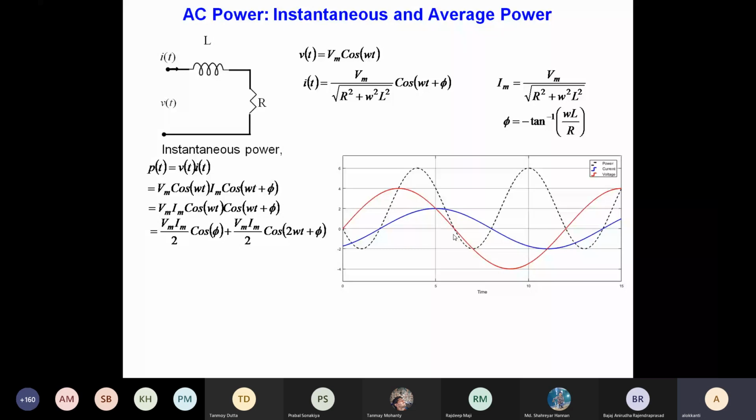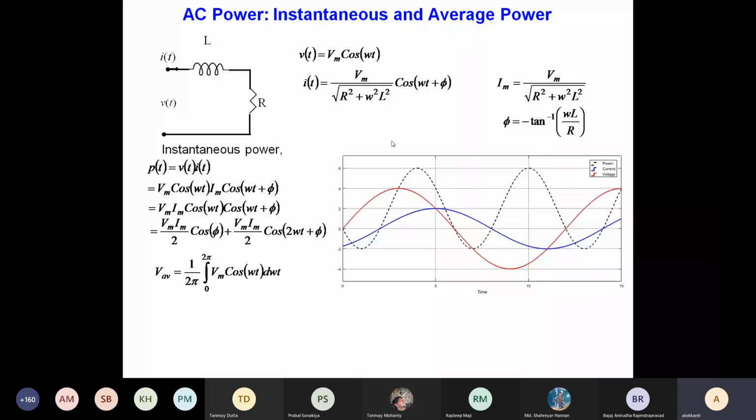So in all the other AC quantities we have studied so far, we have studied the average value and the RMS value. If you recollect, for a sinusoidally varying quantity, the average value from 0 to 2 pi is defined as 1 by 2 pi times the integration of that quantity with respect to time over the whole interval.